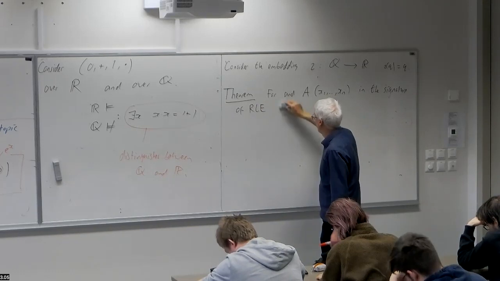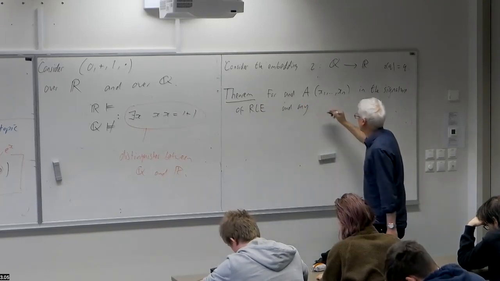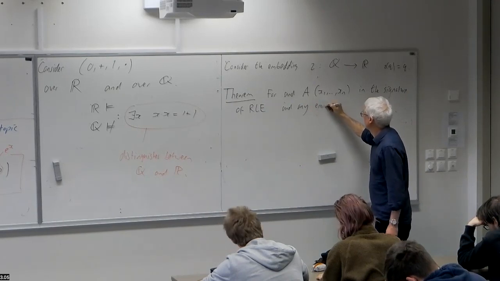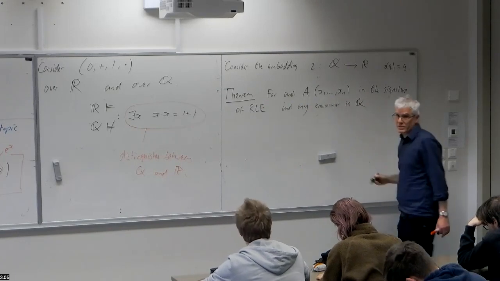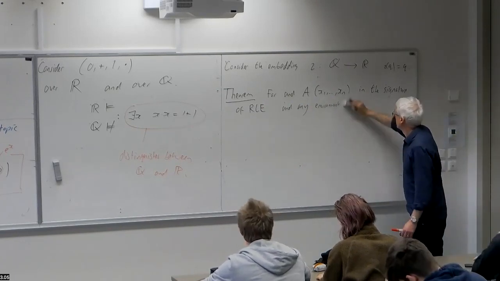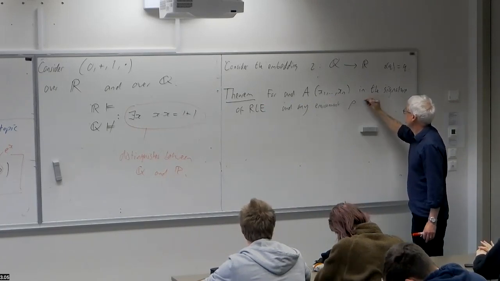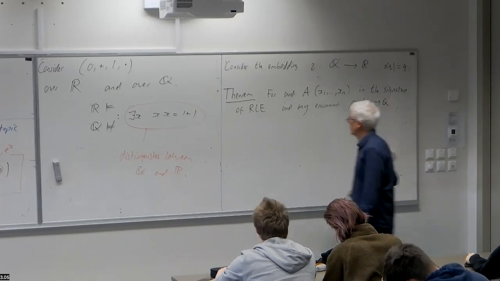And any environment in rational numbers, so an environment is a function rho from variables to rational numbers.